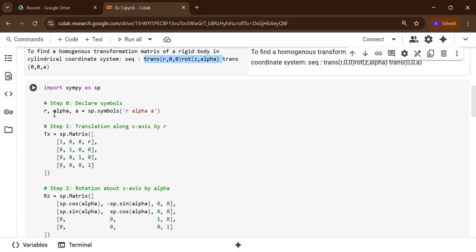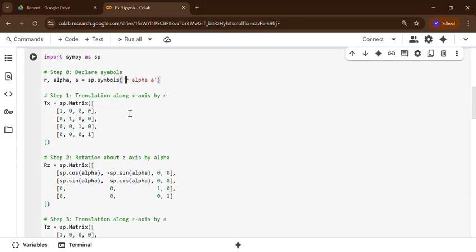So import SymPy as sp. Then we have to symbolically define the symbols: r for r, alpha for alpha, a for a. These are the variables that undergo rotation or translation, and they have to be represented symbolically like this.